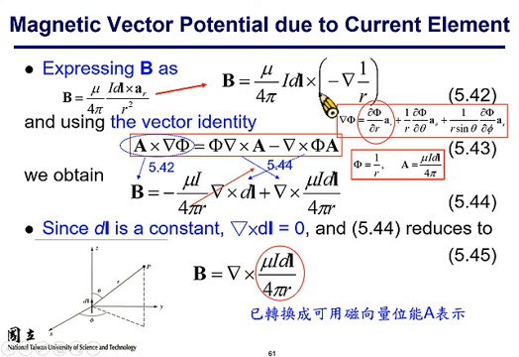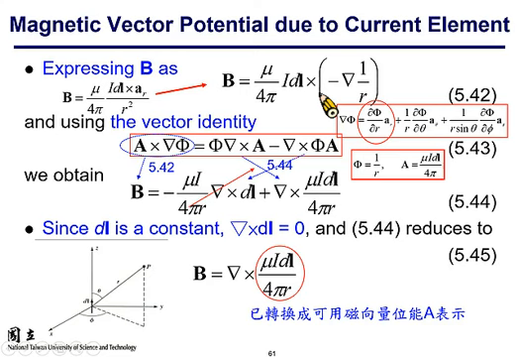And you can say that 1 over r squared. Here we identify 1 over r squared as the minus gradient of 1 over r. And by doing this, you decompose this expression as A cross gradient of phi.